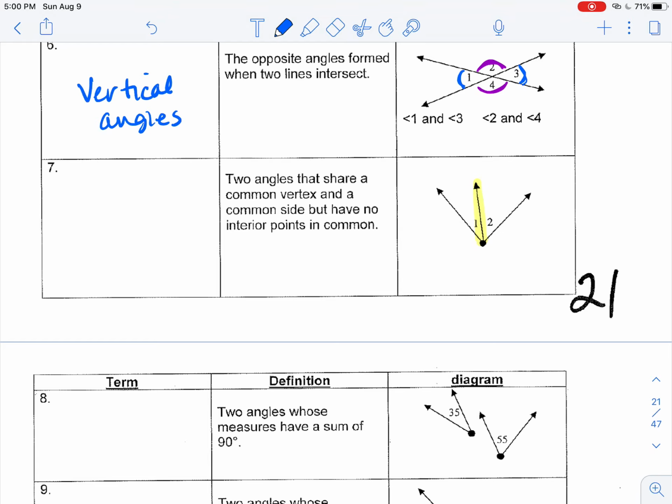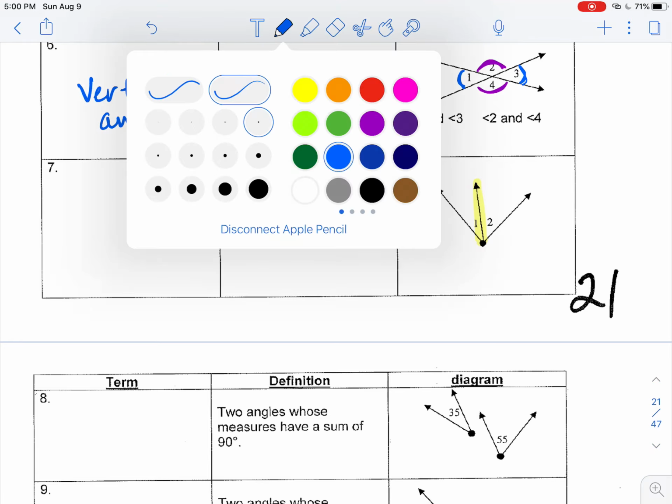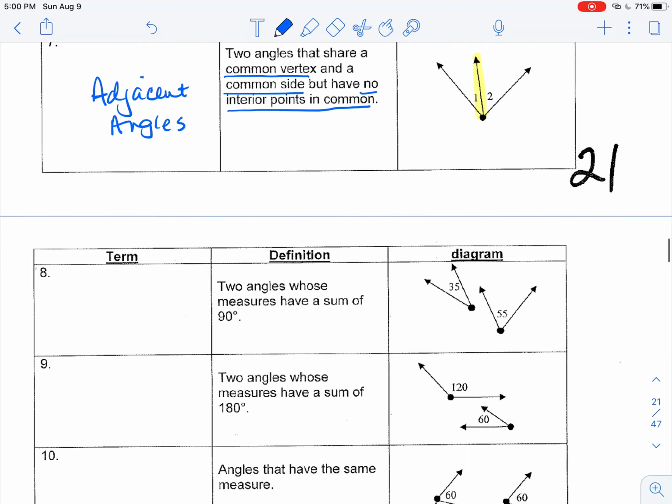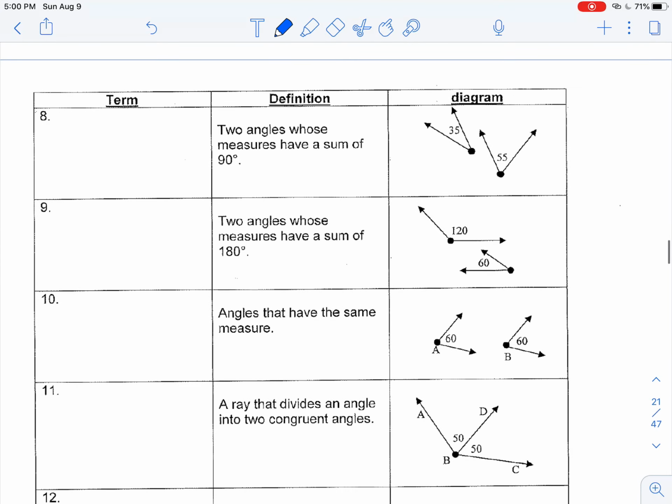And these are adjacent. They share a common vertex and a common side, but no interior points in common. Adjacent angles.